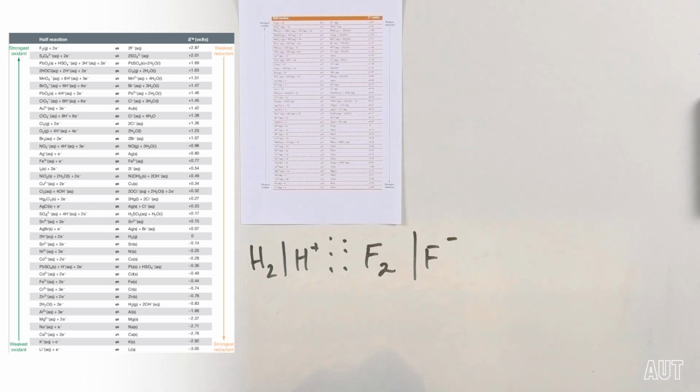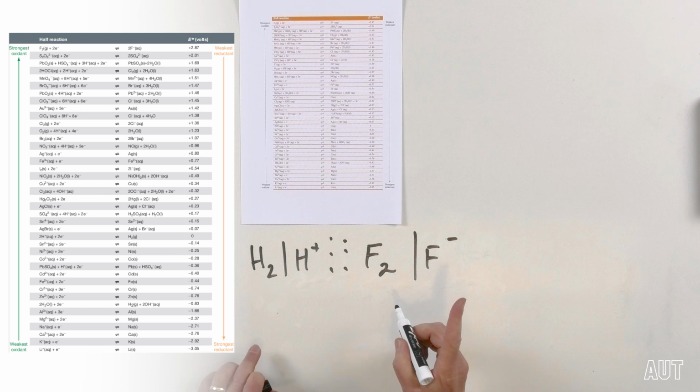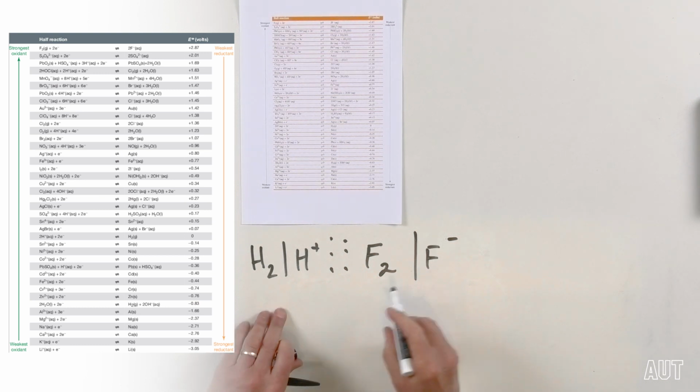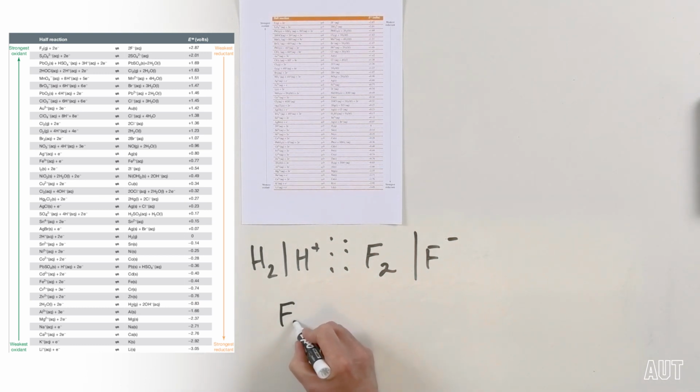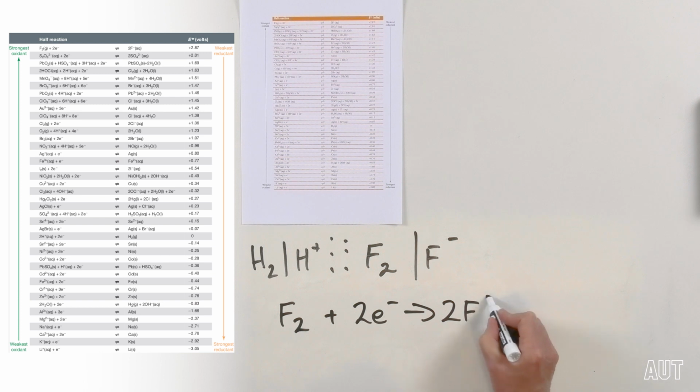In this particular cell, the overall equation for what's going on here is going to be F2 plus 2e minus going to 2F minus, okay?